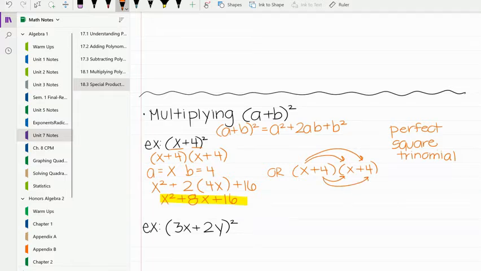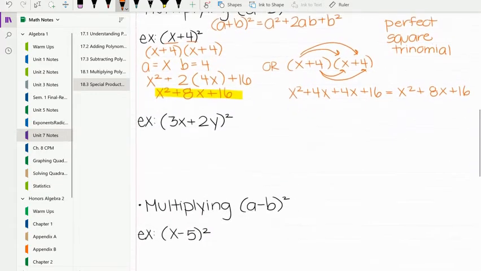So x times x is x squared, and x times 4 is 4x. Then 4 times x is 4x, and 4 times 4 is 16. So you end up getting the same thing, right? X squared plus 8x plus 16.